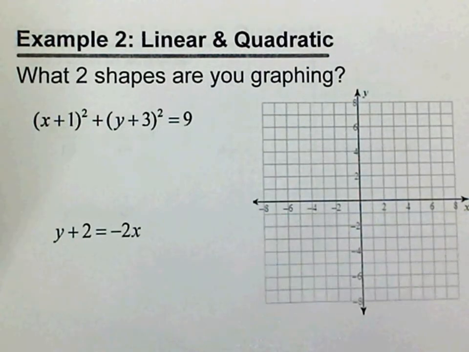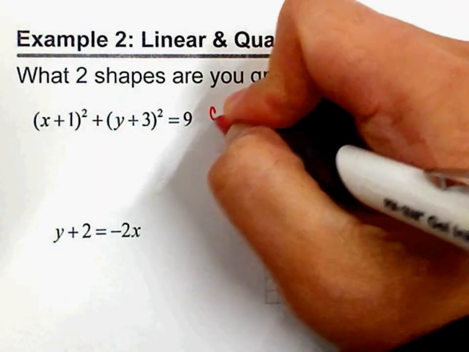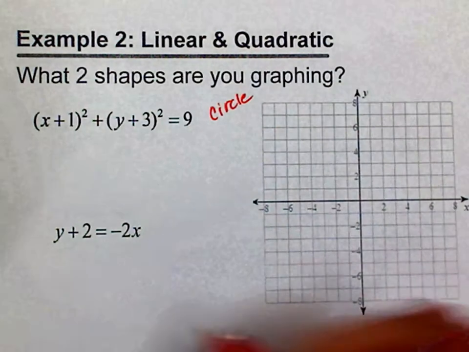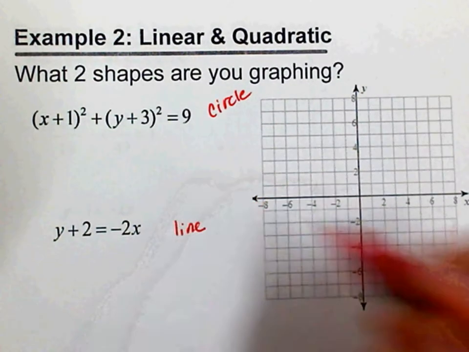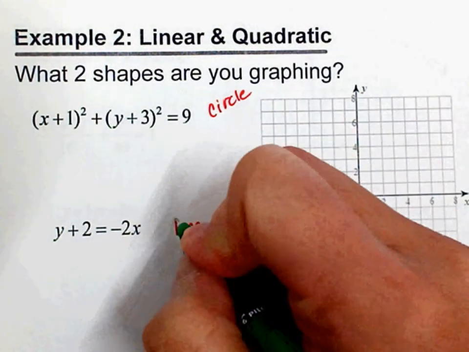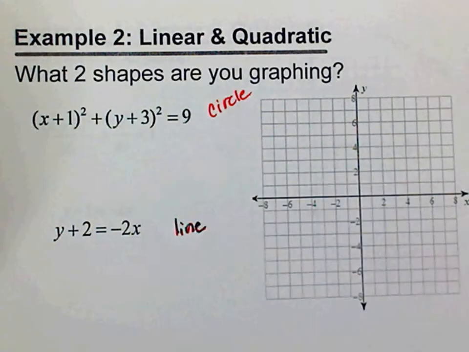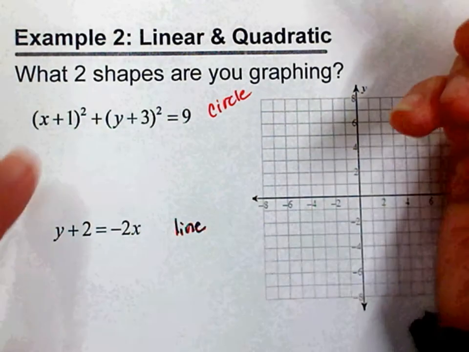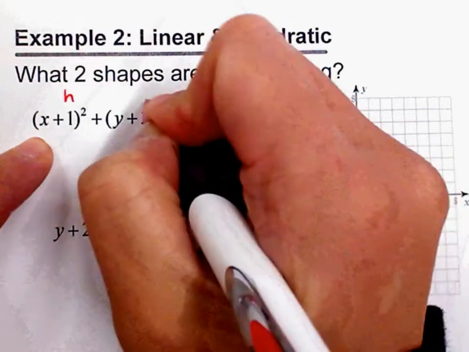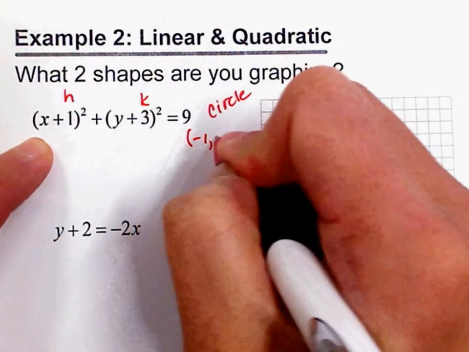Example number 2. So what shapes are you graphing? Well, this one you have a circle, okay, and you have a line. Well, let's do the line in green. All right. So your circle, here's your H, here's your K, so your center is -1, -3.